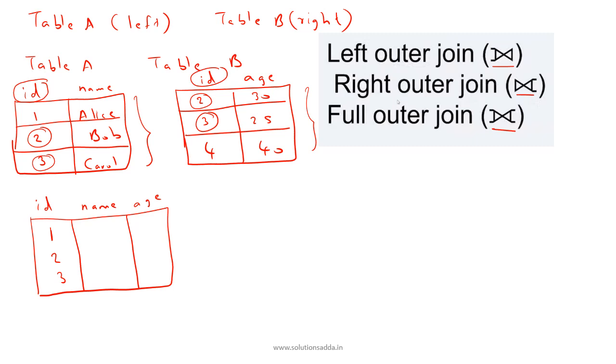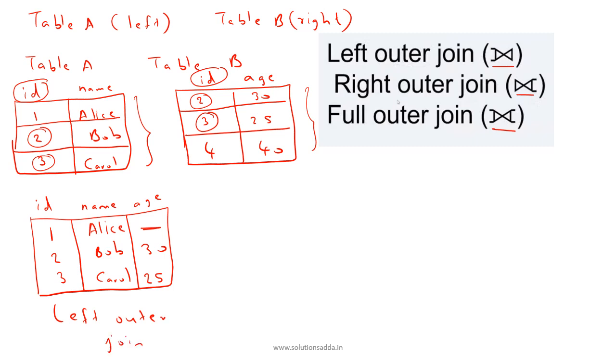Also Alice, Bob, and Carol will be there. And since 2 is present in both the tables, the age 30 will be present. Similarly, 3 is present in both, so 25 will also be present. Since 1 is not present in table B, it will be returning null. This is left outer join.